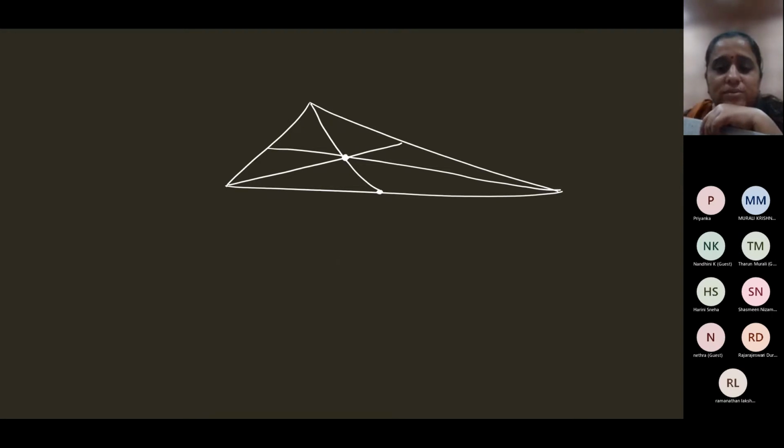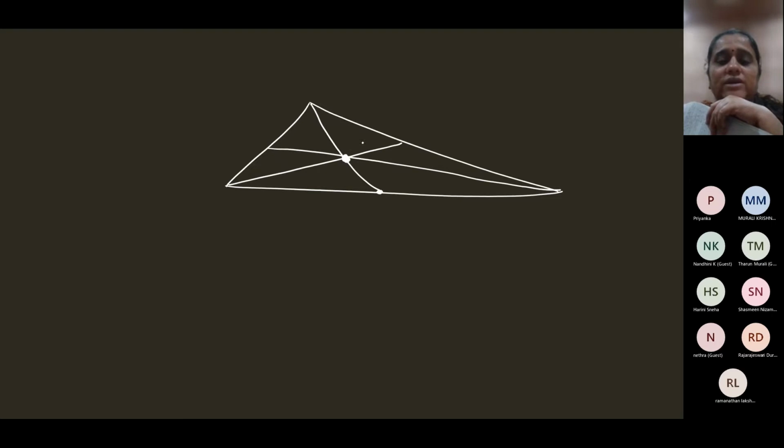This is the point where the three medians of the triangle meet. So the point of concurrency of the three medians in a triangle is called the centroid. The centroid is the point where the three medians of a triangle meet.